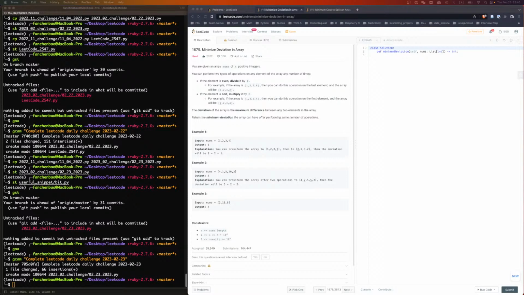I can find the current difference, which is whatever the current difference is. In the first example, the current difference is 3. It's the largest minus the smallest.